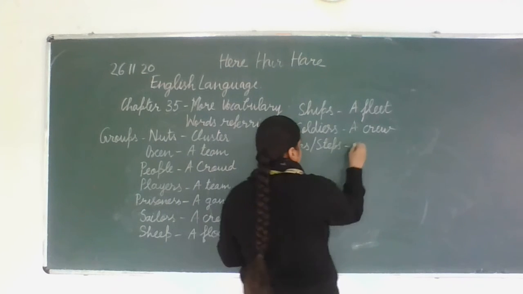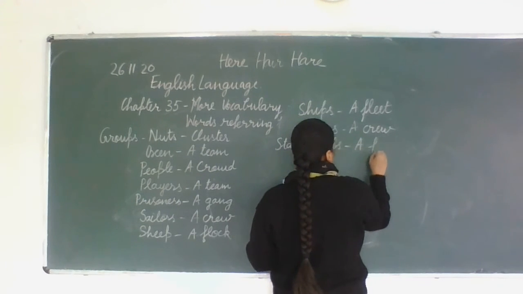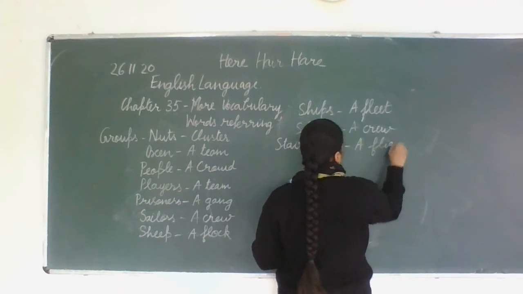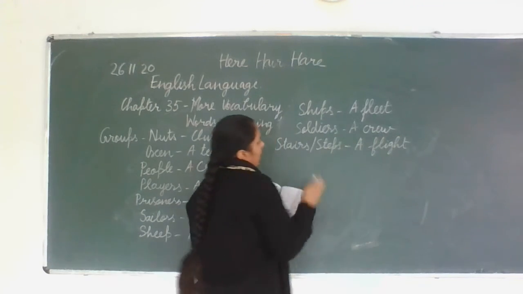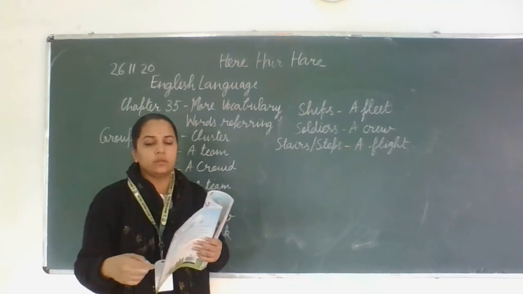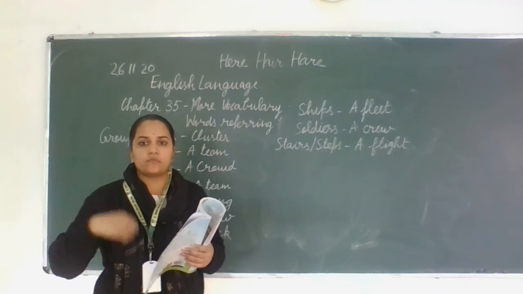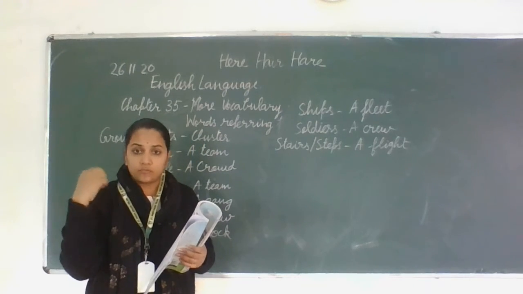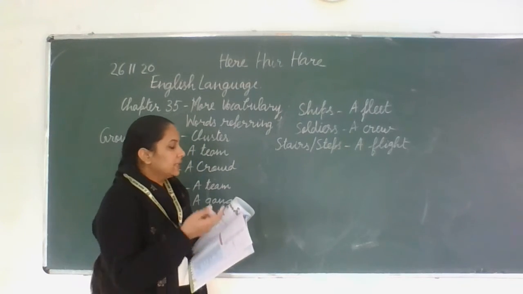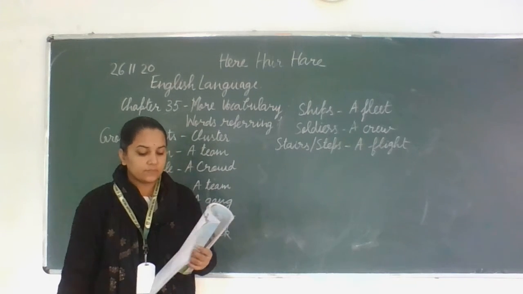Then this is known as a flight. A number of stairs are there, or when you are going somewhere and you have to walk, you have to take a number of steps. Then it is called flight.